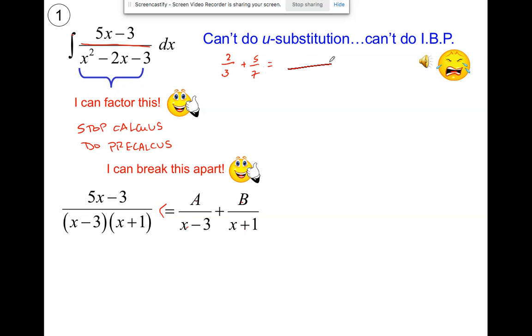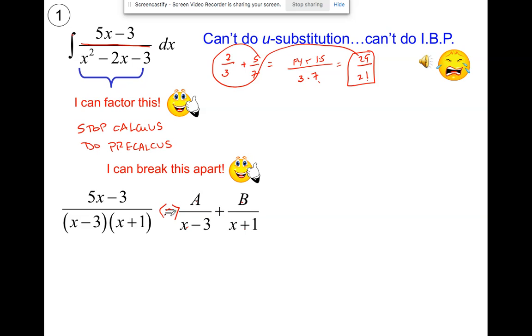You say, the common denominator is 3 times 7, and you multiply the 2 times the 7, and you multiply the 5 times the 3, and you get one denominator and one numerator. I need you to rip this. Could you go backwards? Could you factor 21 into 7 and 3 and then figure out what the individual numerators were? That's all partial fractions is.